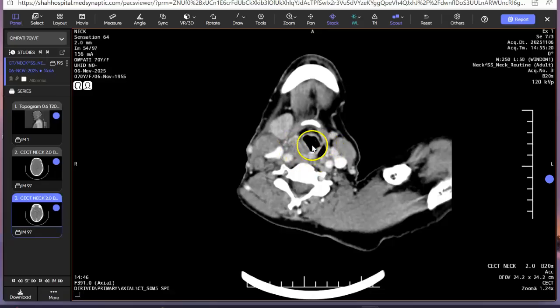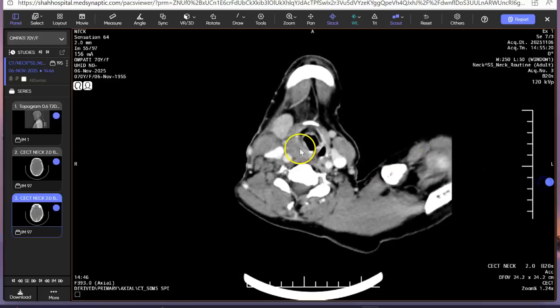Now the abnormal side, on the right side, you can see there is an asymmetrical, heterogeneously enhancing mass lesion in the right aryepiglottic fold with involvement of the pyriform sinus. So overall, this is a supraglottic mass. Supraglottic area covers, again, first the epiglottis, second the aryepiglottic fold, and third the pyriform sinus.